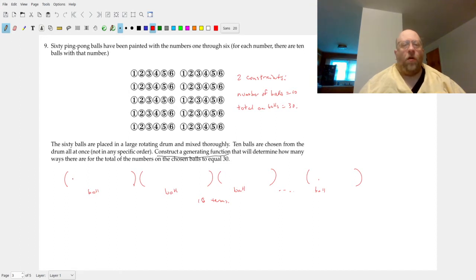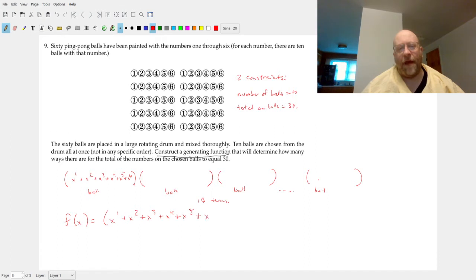And then each ball can have a total of 1 point on the ball up through 6 points on the ball. And so if we take this term here and raise it to the 10th power, my generating function will be x to the first plus x squared plus x cubed plus x to the fourth plus x to the fifth plus x to the sixth, raised to the 10th power. This guarantees that we're only going to have 10 balls.